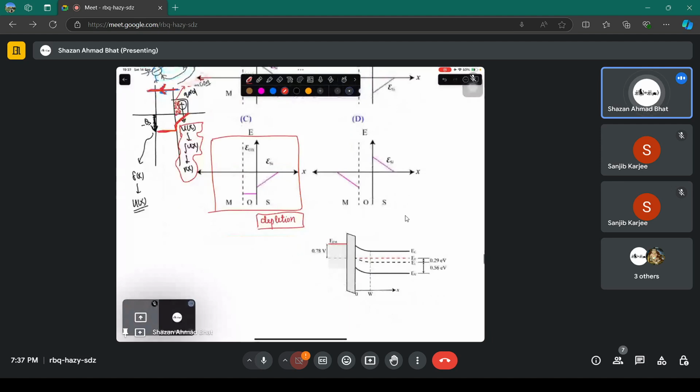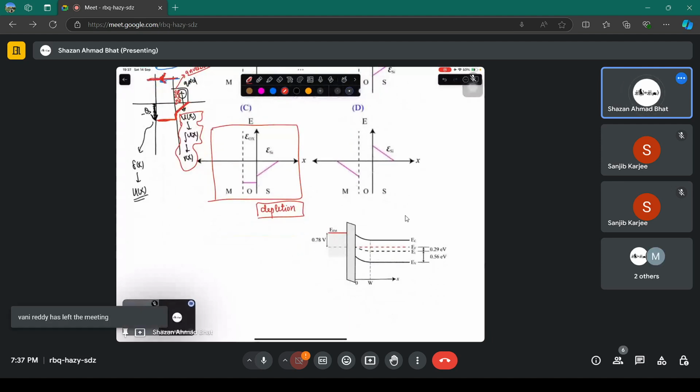Then how would the electric field look like? It would have looked the same. There would have been a slightly parabolic type regime, then there would have been a drop. This would have been the behavior of the electric field, and this just comes again from the equations.